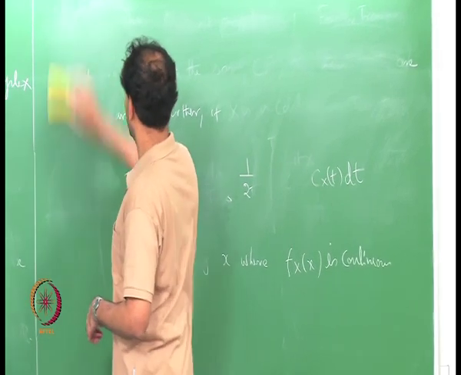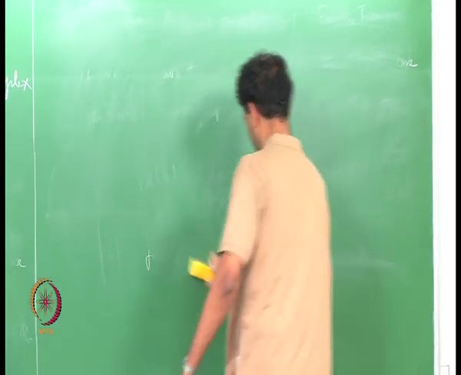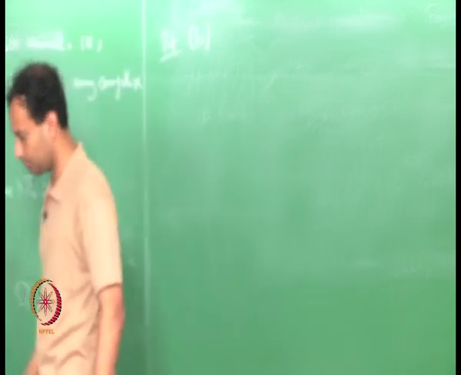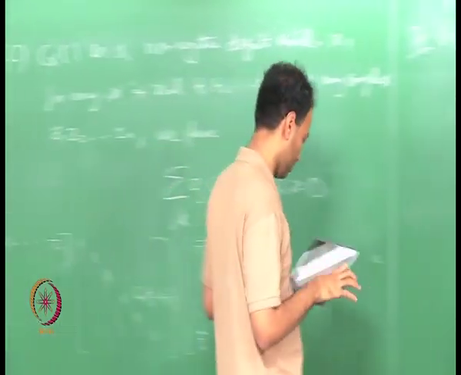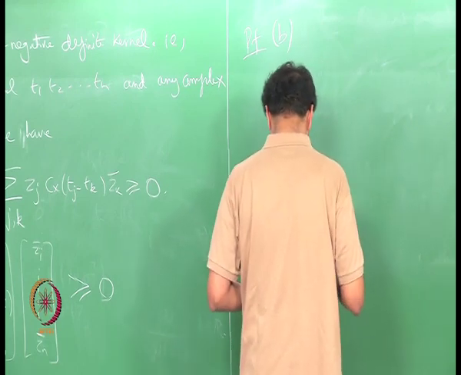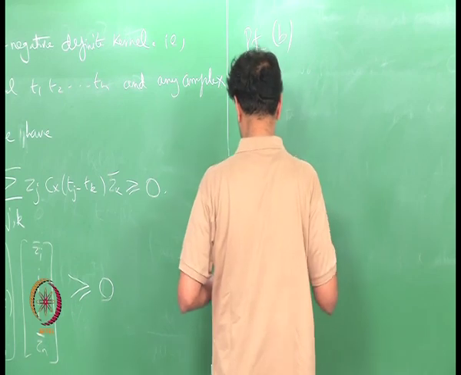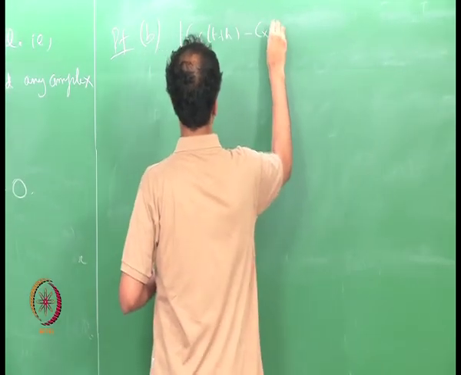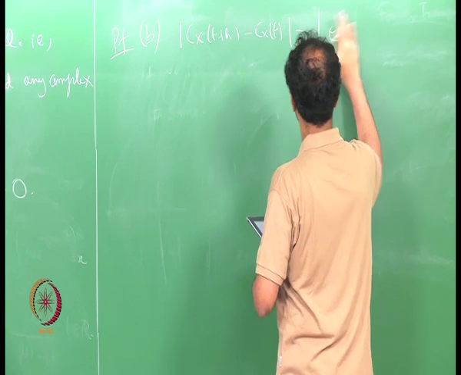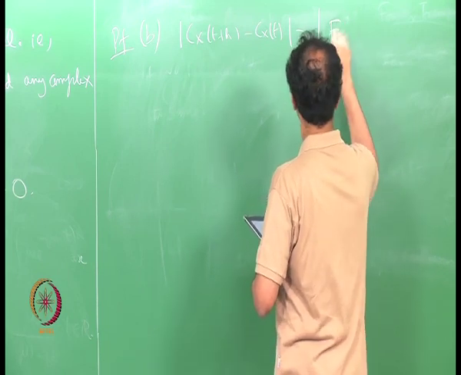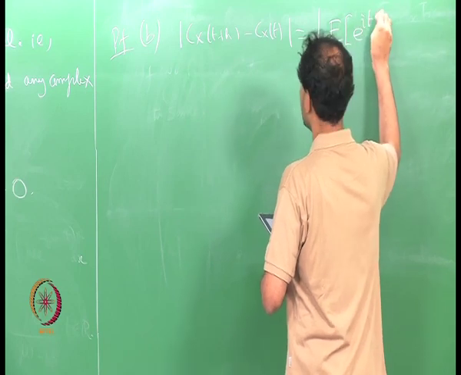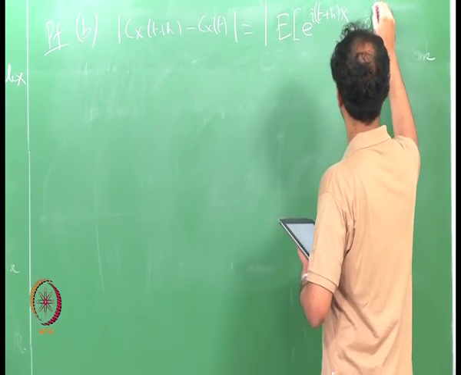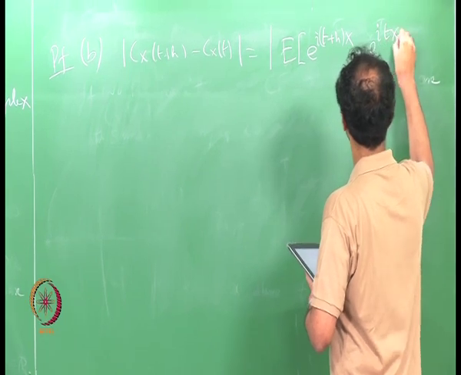I am trying to prove uniform continuity. So, you have the absolute value of C_x of t plus h minus C_x of t, which is equal to the absolute value of the expectation of e to the power i(t+h)x minus e to the power itx, isn't it?